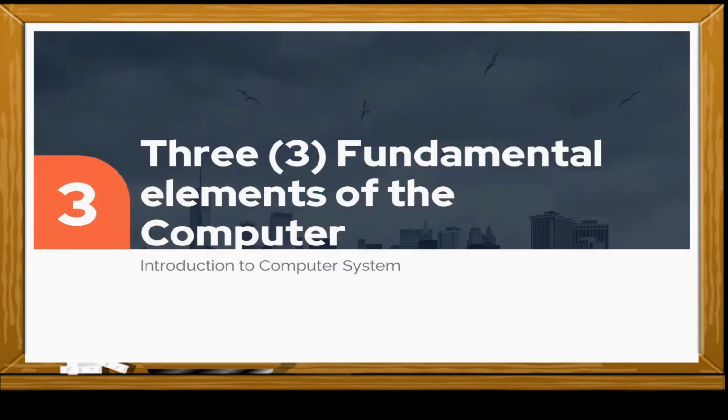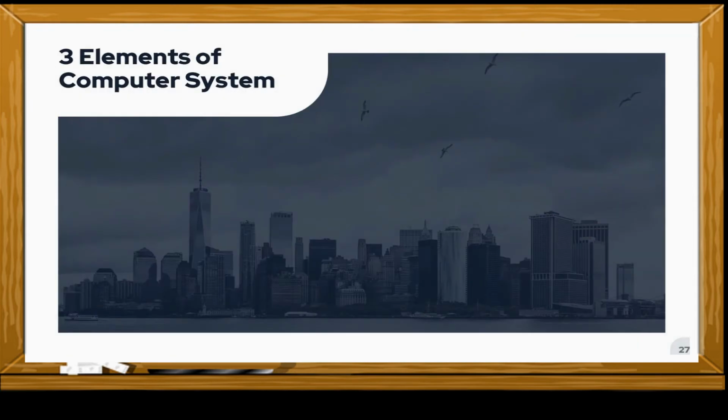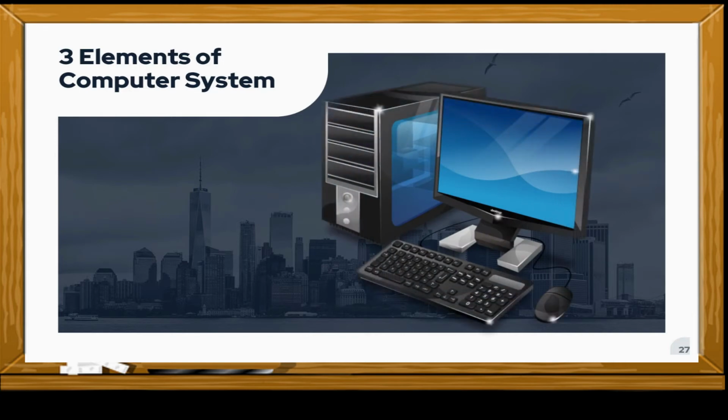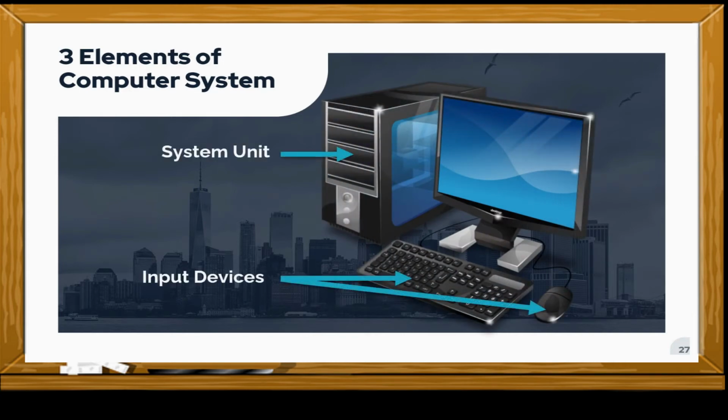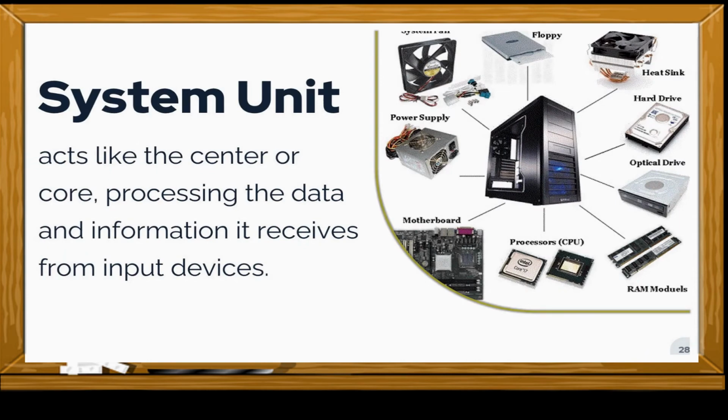Now, let's discuss the three fundamental elements of computers. The three elements of computer systems are the following: the system unit, the input devices, and output devices. Now, let's take a look at the system unit.